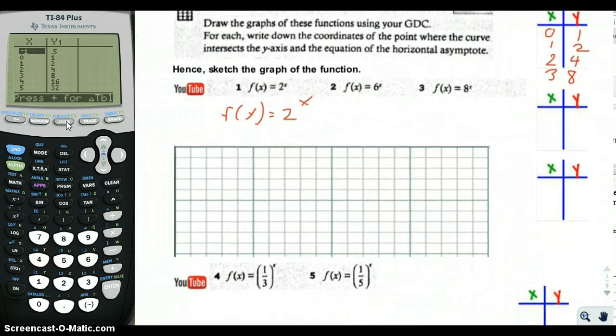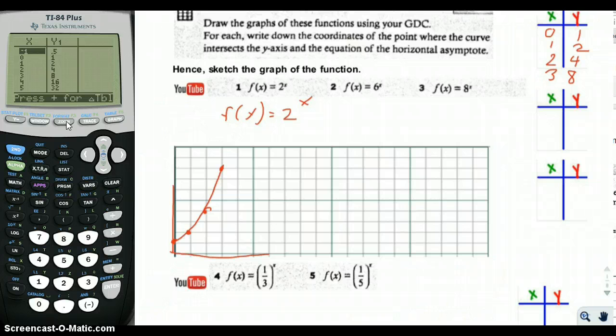Now let's graph those points. So we'll say that this is the y-axis, this is the x-axis. So 0, 1 would be here. 1, 2 would be here. 2, 4 would be here. And 3, 8 would be here. Okay, and then just connect the points. Okay, so that was number 1.